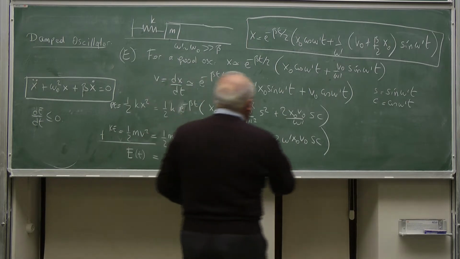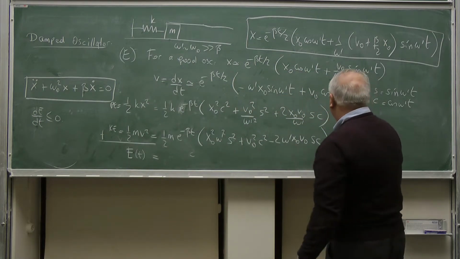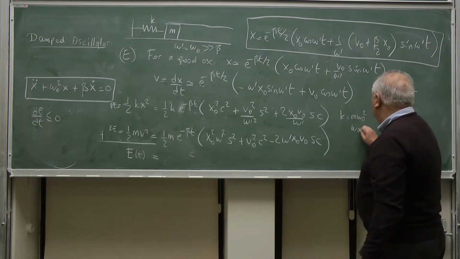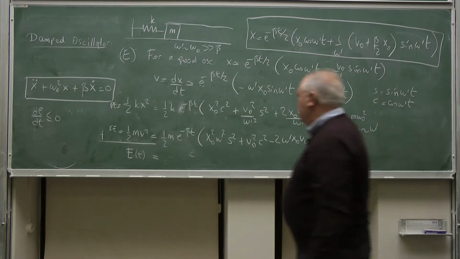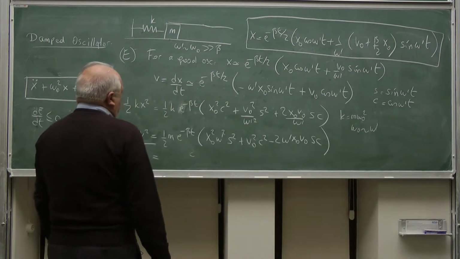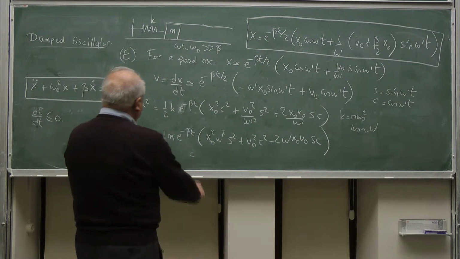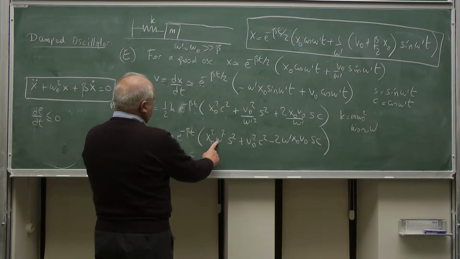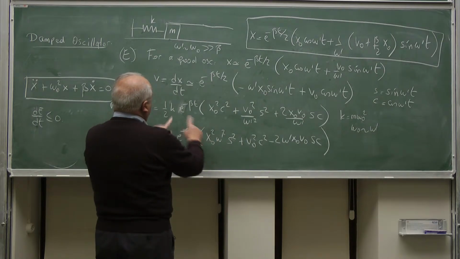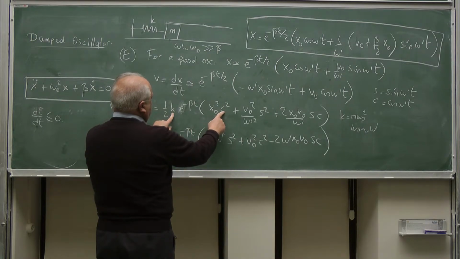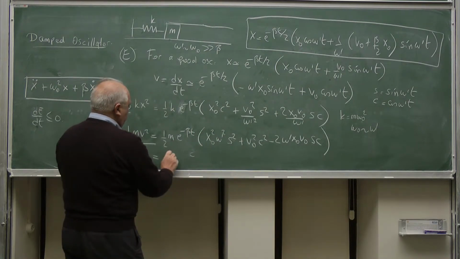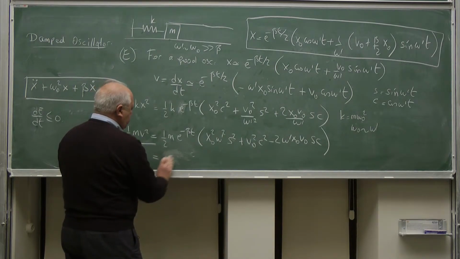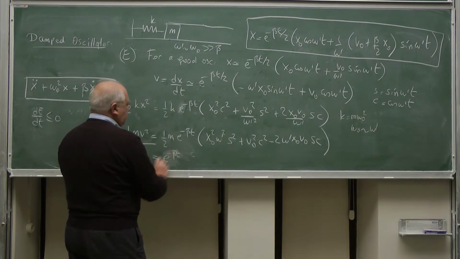Let's look at these mixed terms, and let us also remember that k equals m omega 0 squared, and we take omega 0 close to omega prime. So this is like m omega 0 squared x0 squared sine squared, m omega 0 squared x0 squared c squared. So I have an overall factor e to the minus beta t.